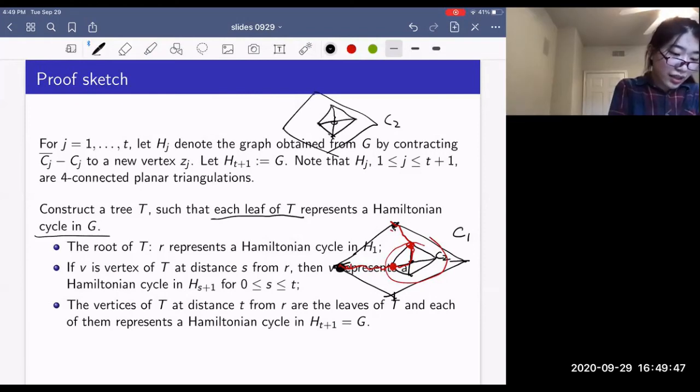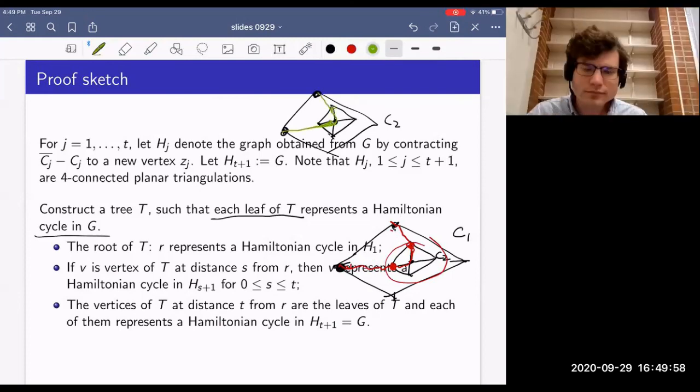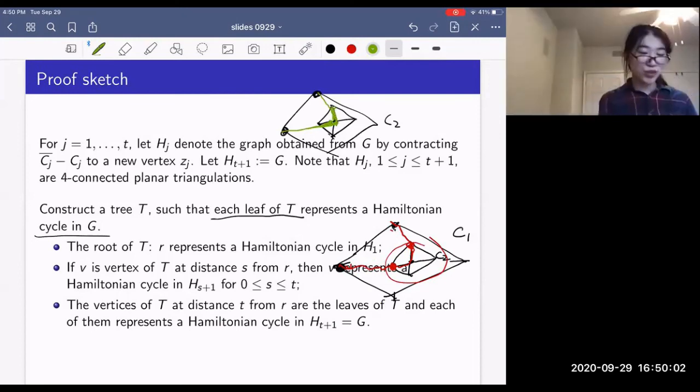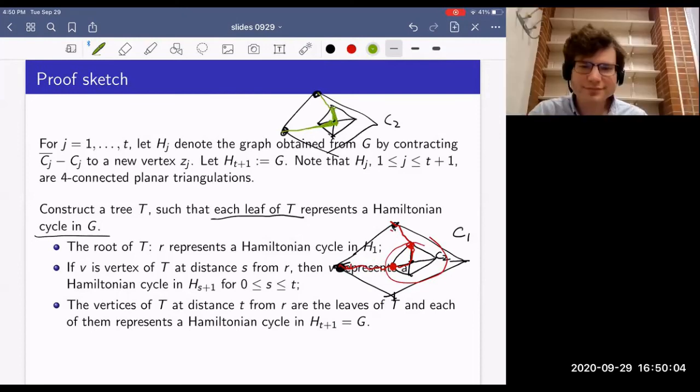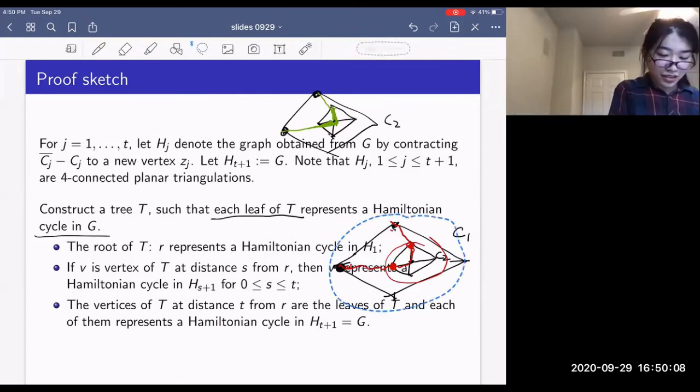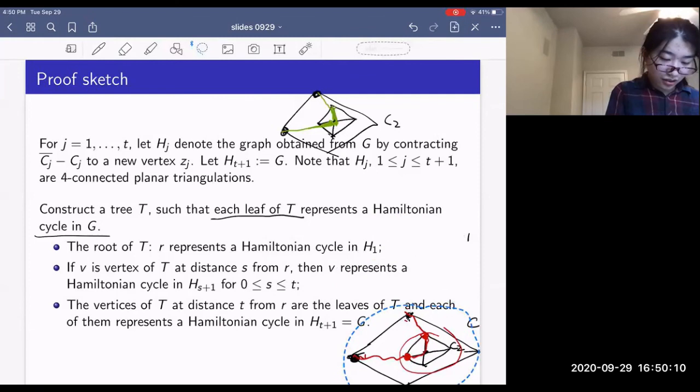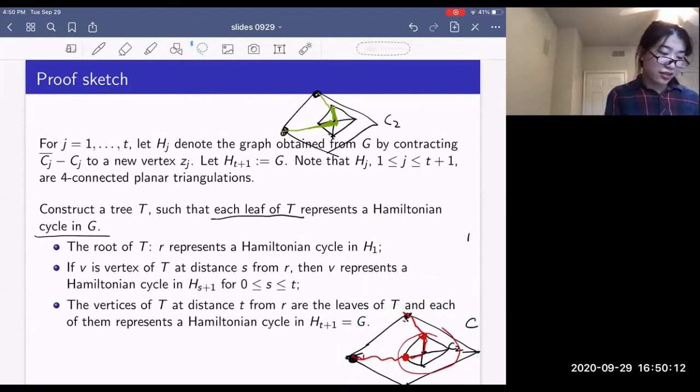So we find the Hamiltonian path between these two vertices, and since the two edges incident, we do it to construct the tree. So the root represents a Hamiltonian cycle in H1.